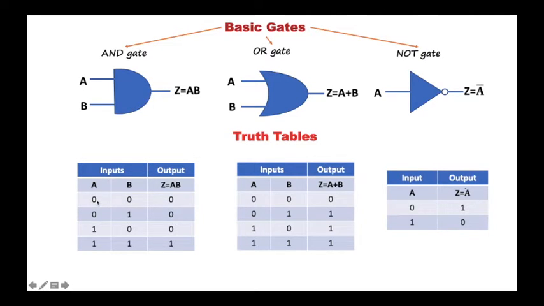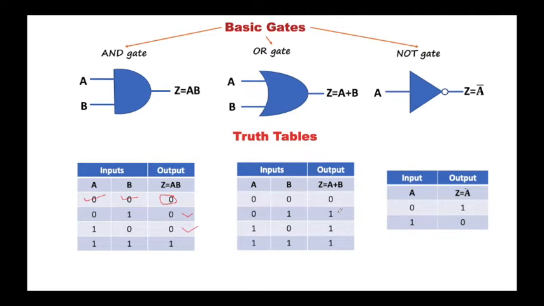So here you can see that since the inputs are 0 and 0, the product is 0. So you can see if either one of the inputs is 0, then the output will be 0. Only when all the inputs are in state 1 will the output be 1.